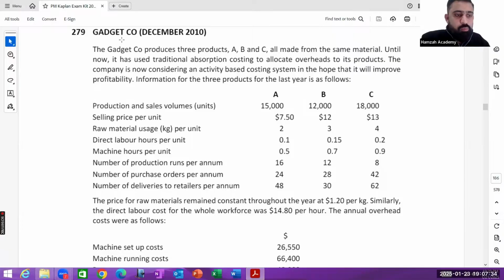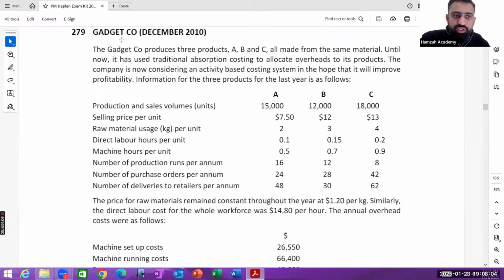So, first of all, you can see question number 279 on your screen. But before I start this question, let me tell you that questions related to this topic, absorption costing and ABC costing, are not expected to be tested in Section C of your exam paper.